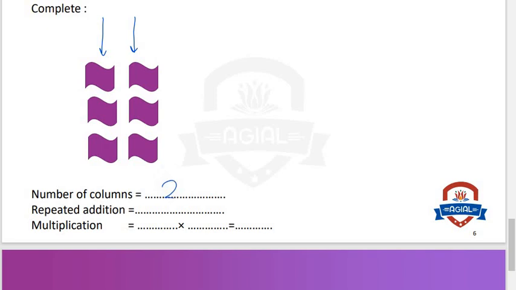In each column we have how many? 1, 2, 3. So we write 3 plus 3 equal what? Super, 6. In multiplication, how many columns? Super, 2. How many in each column? 1, 2, 3. So 2 multiply 3 equal what? Super, 6, like example number 1.